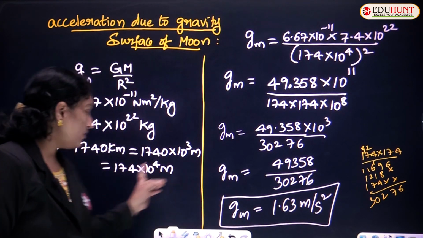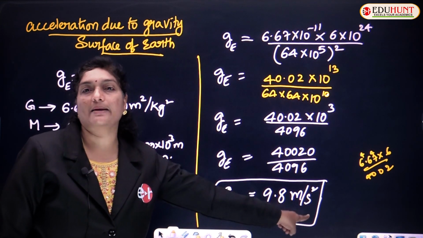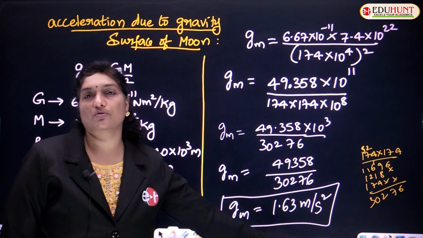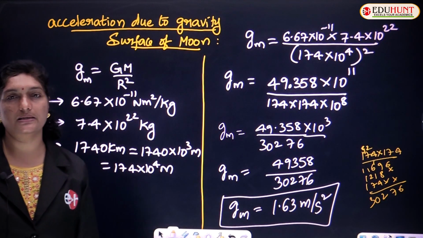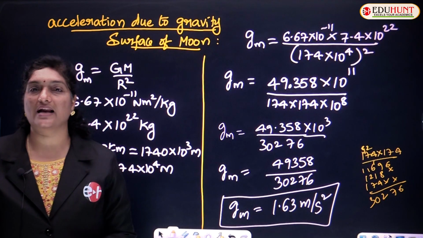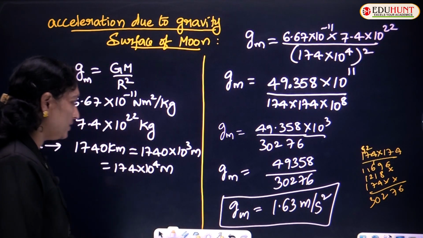Earlier we found the value of acceleration due to gravity on the surface of the earth as 9.8 meter per second square, whereas on the surface of the moon it was found to be 1.63 meter per second square. Now let us compare the acceleration due to gravity on the surface of the earth with respect to the surface of the moon.